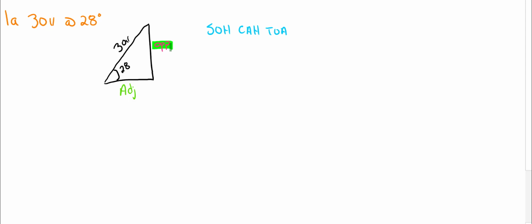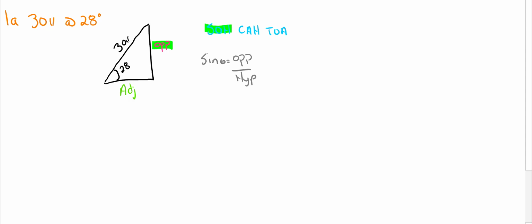What trig function do I have that takes into account the opposite, the hypotenuse, and the angle? Let's use our sine function. What is our formula for sine? Sine theta is equal to the opposite divided by the hypotenuse.